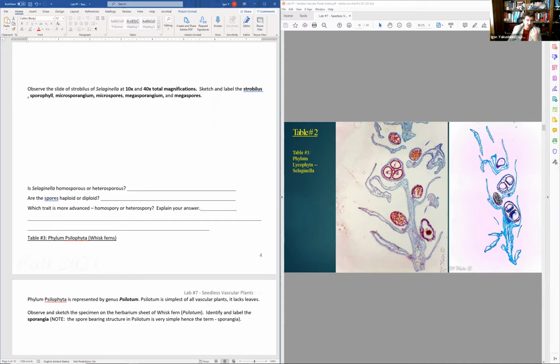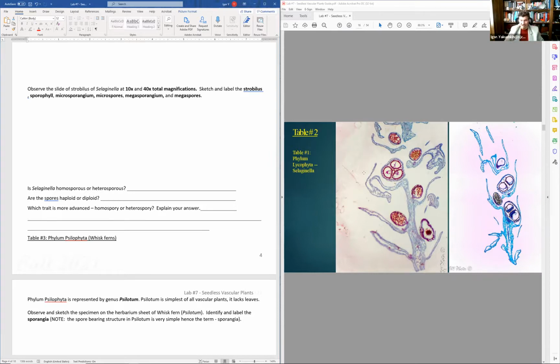Megaspores, microspores, homospores, heterospores don't matter. Zygospores, ascospores, basidiospores, as long as it has a spore, spores are haploid. Megaspores are haploid. Microspores are haploid. All right? Please, haploid.